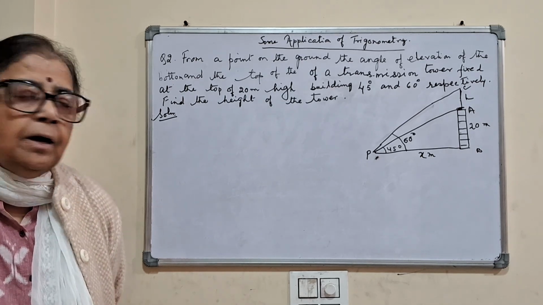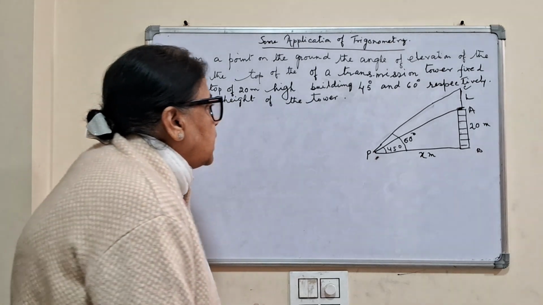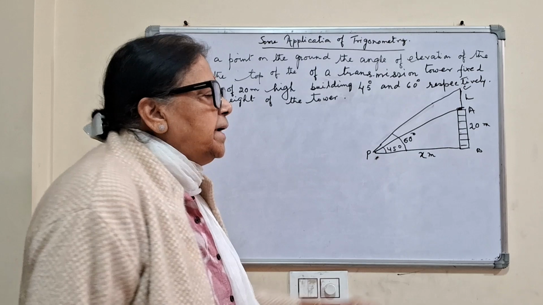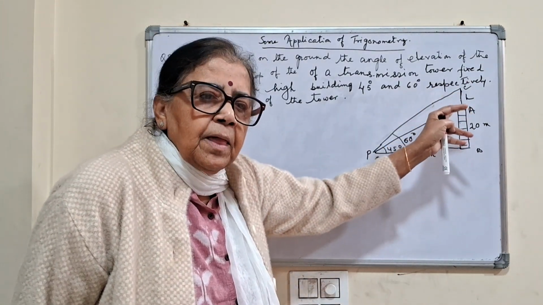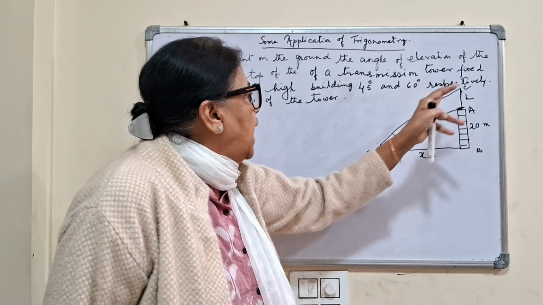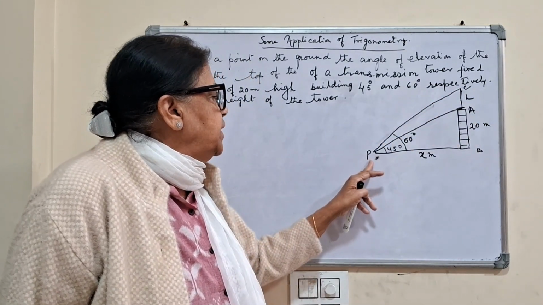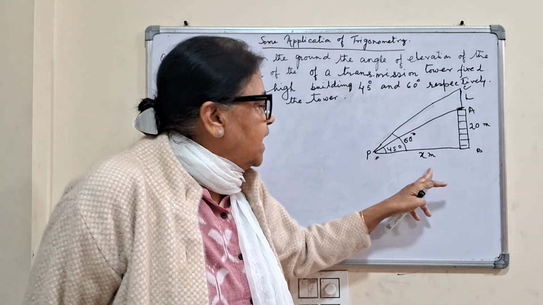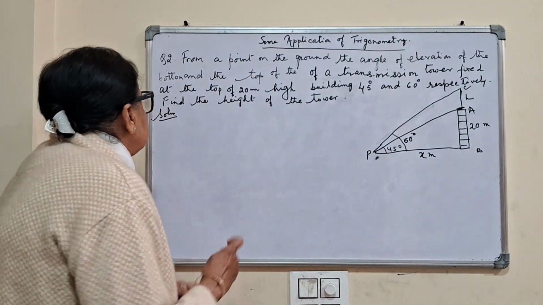Find the height of the tower. Let AB be the building and AC be the tower. I have taken this as H, and P is a point at a distance of X meter, say.